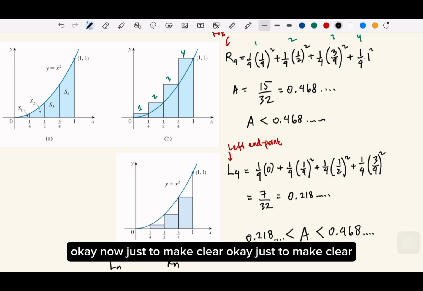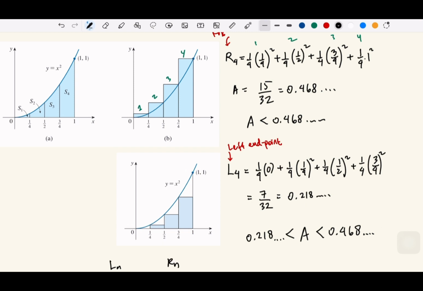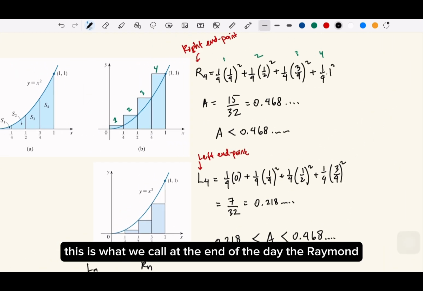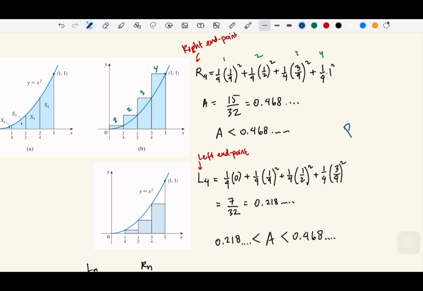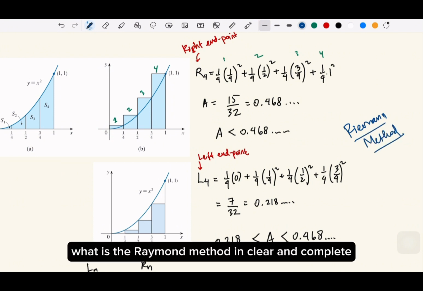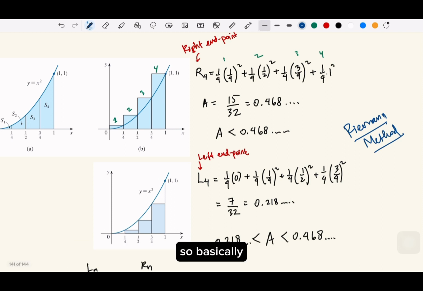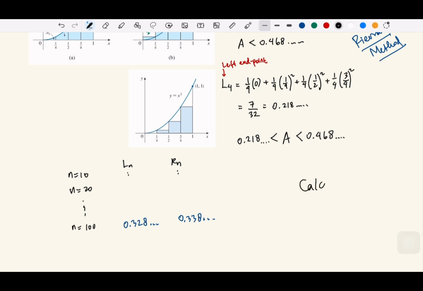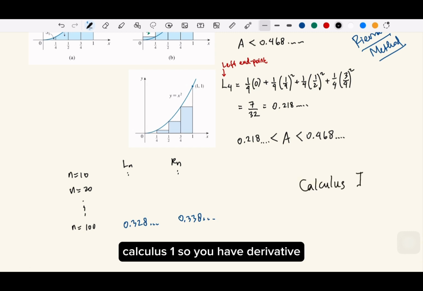Now just to make clear, this is what we call at the end of the day the Riemann method, or the introduction to the Riemann method. I will show you later what the Riemann method is in clear and complete. So basically this is your Calculus 1.